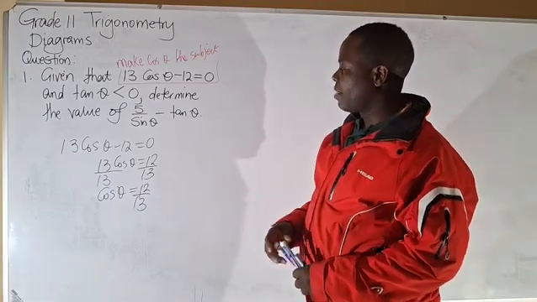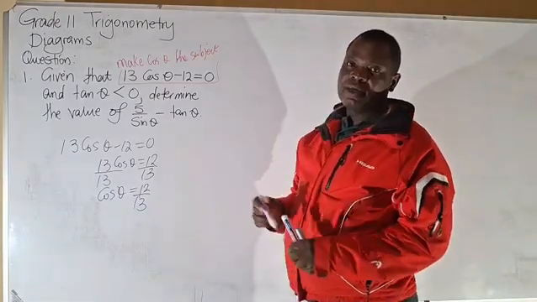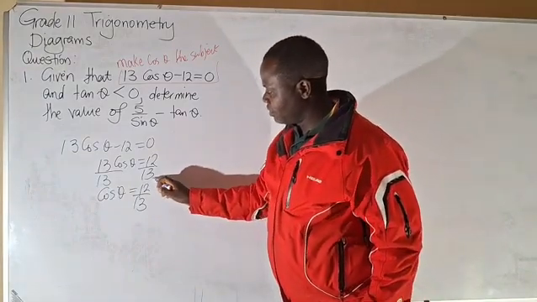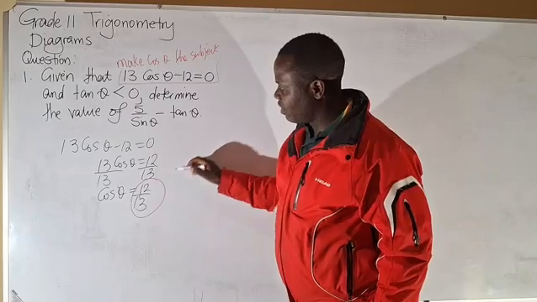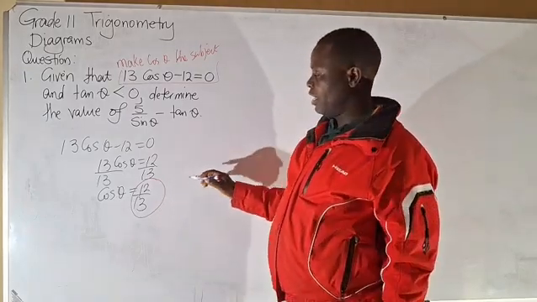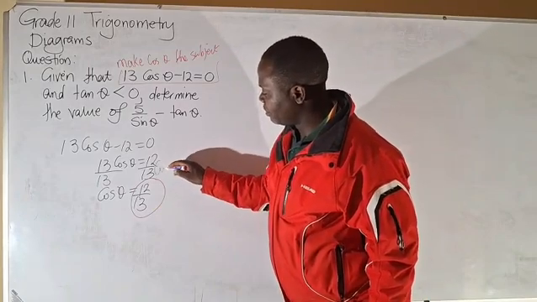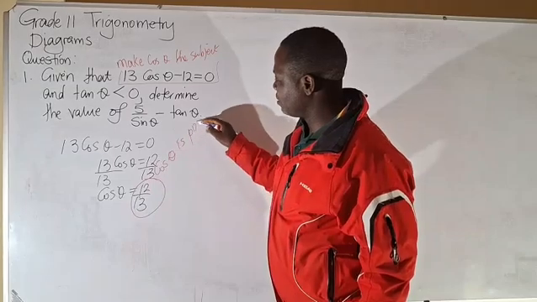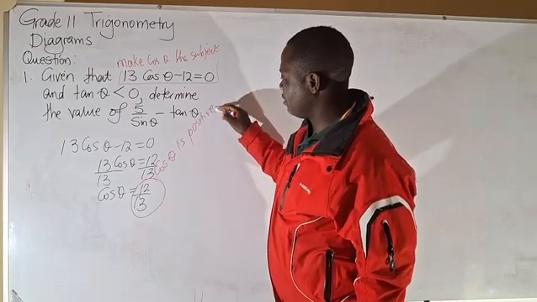Then from here, I consider two things. After making cos theta the subject, we look at this value to determine whether it is positive or negative. In our case, it is positive. So therefore cos theta is positive.